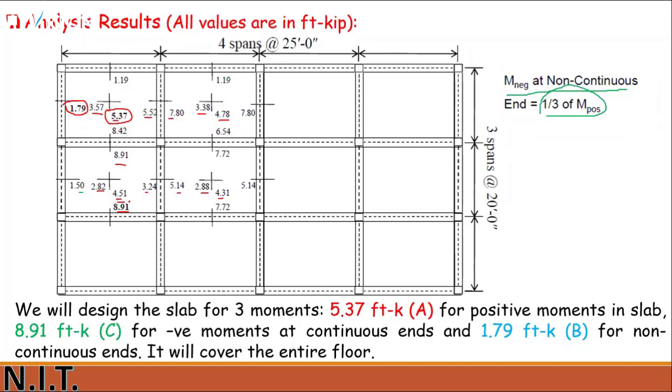I have selected the largest value, that is 8.91. So I have selected 3 moments from these many values: 5.37 for positive moment in the slab, 8.91 for negative moments at continuous ends, and 1.79 for non-continuous ends.